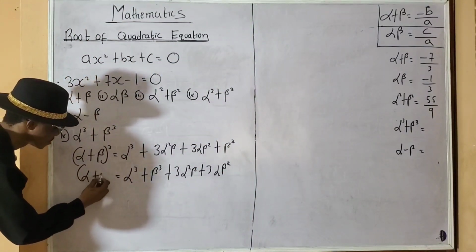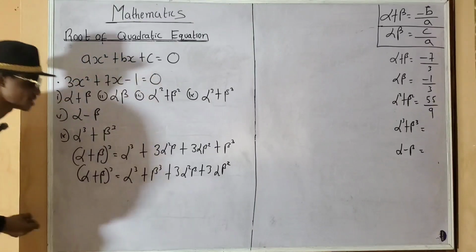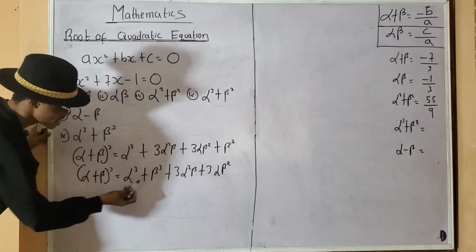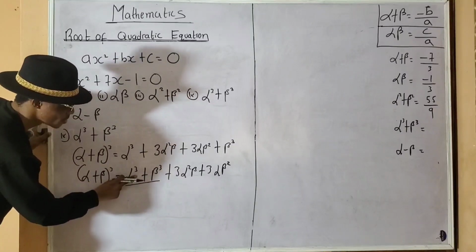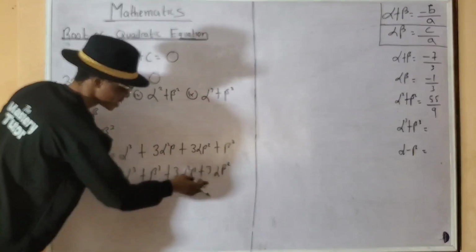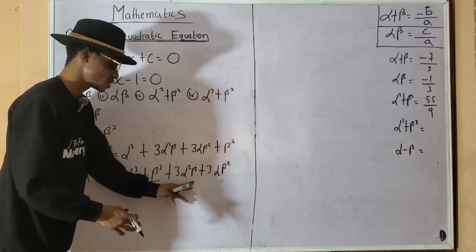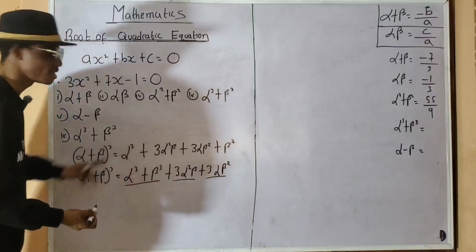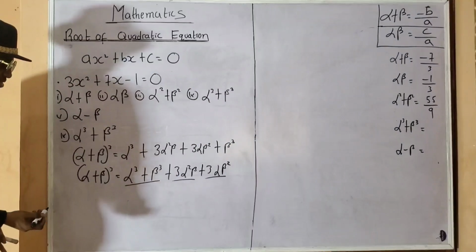Don't forget alpha plus beta cube. Okay. Now, hello, please pay attention. Make alpha cube plus beta cube the subject of the formula. That means I'm going to take these two terms to the left hand side, right?